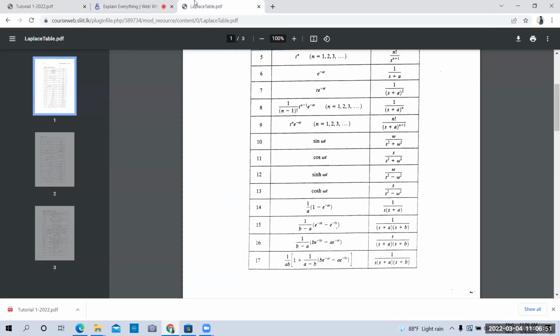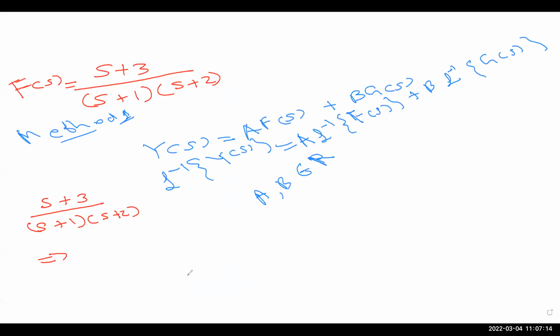Then we can use 15 and 16 to convert our function from the Laplace, the frequency domain, to the time domain. So our plan is to use 15 and 16.